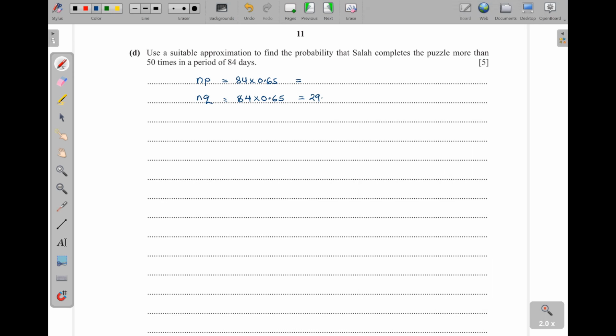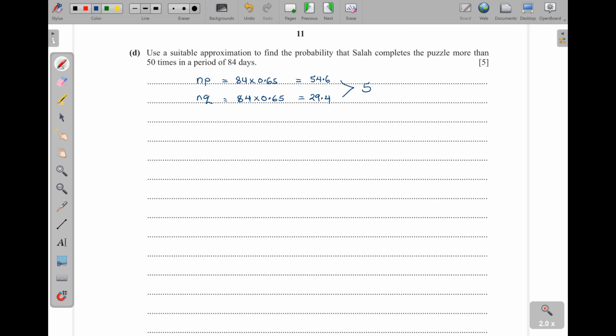All of these ones are greater than 5. So the assumption is that if NP and NQ are greater than 5, then we can approximate the binomial to the normal. If they ask for the justification, you say NP and NQ are greater than 5. Therefore, the approximation is valid.